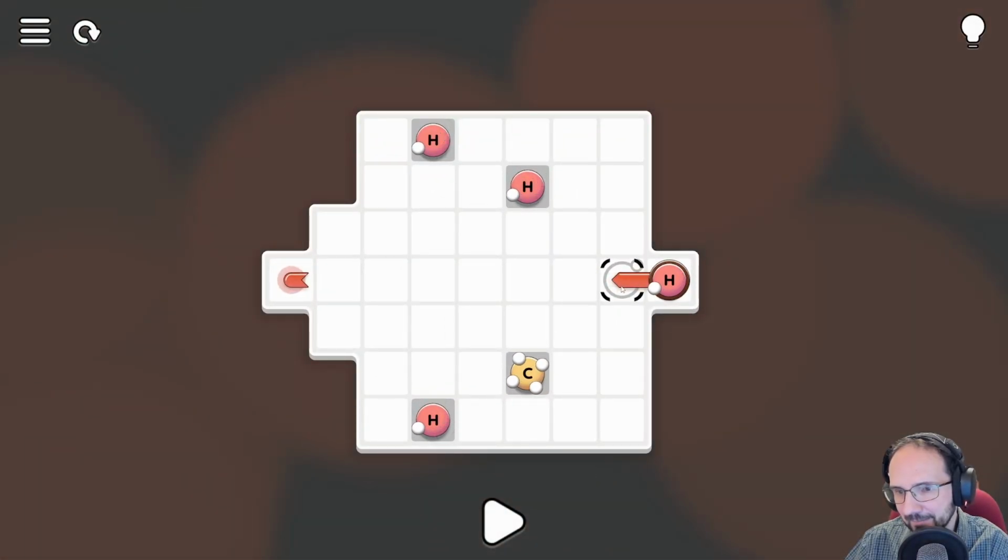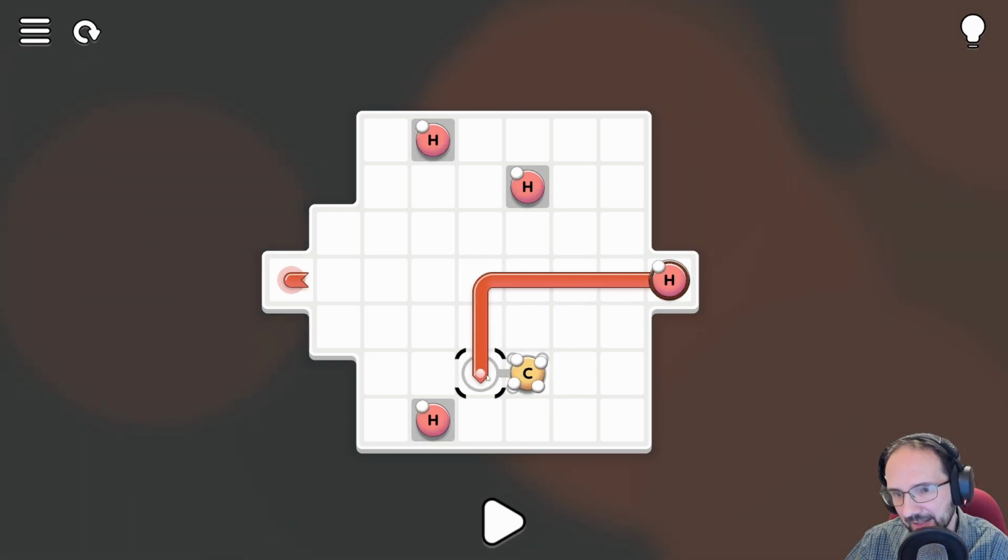Okay. So this hydrogen atom needs to be on the left of the molecule. Everything has got to be on our right. Which means we have to bond to this there.